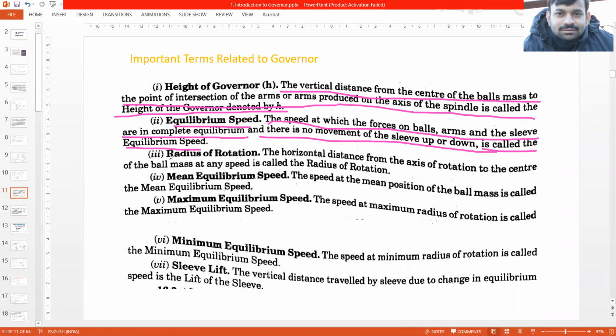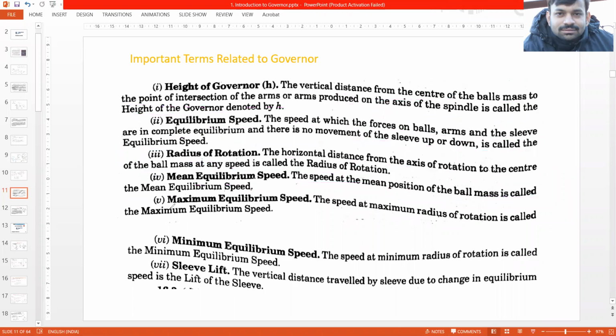Okay, next is radius of rotation. Radius of rotation we already saw: the horizontal distance from the axis of rotation to the center of the ball mass at any speed is called the radius of rotation. So it is the distance from the centroidal axis to the CG of the balls. Okay. Then there is mean equilibrium speed. The speed at the mean position of the ball mass is called the mean equilibrium speed.